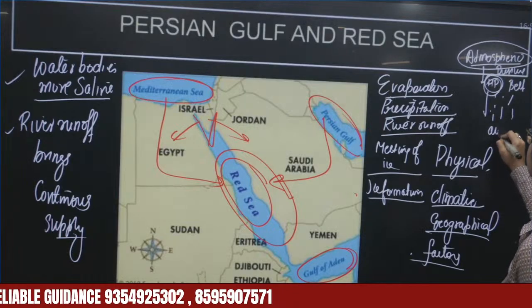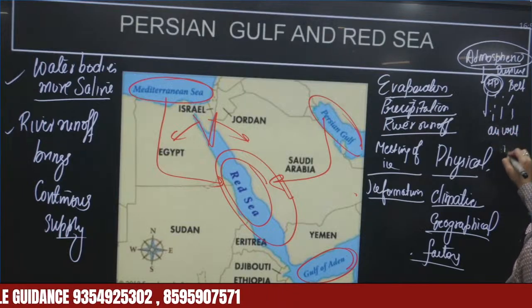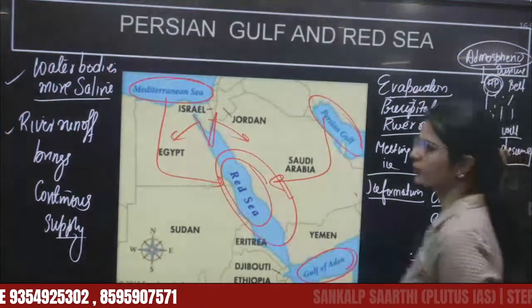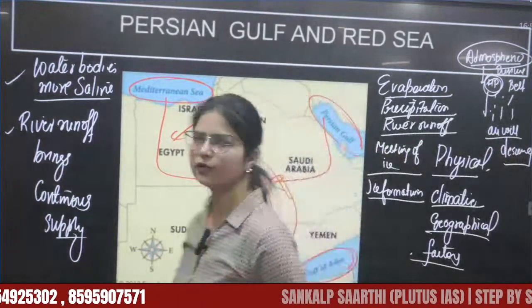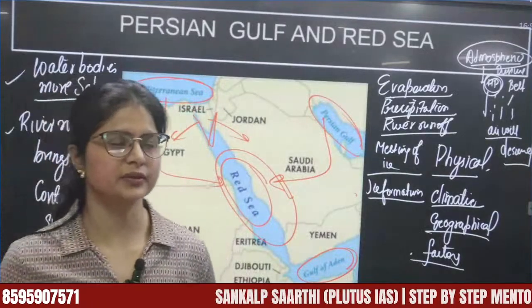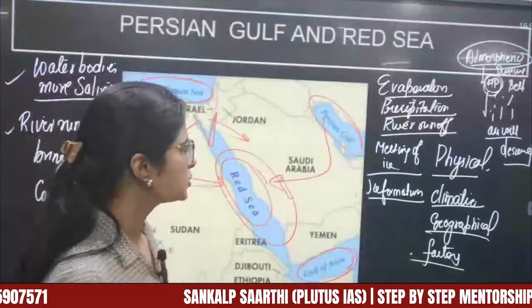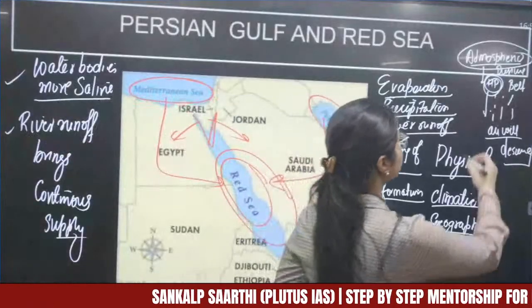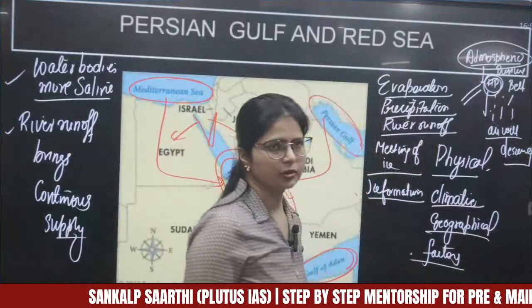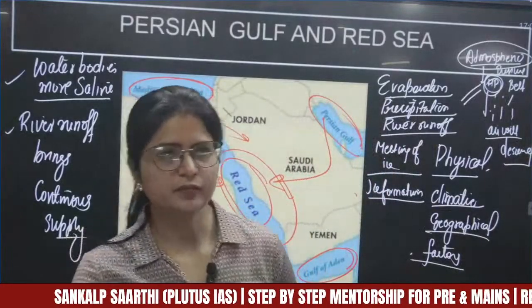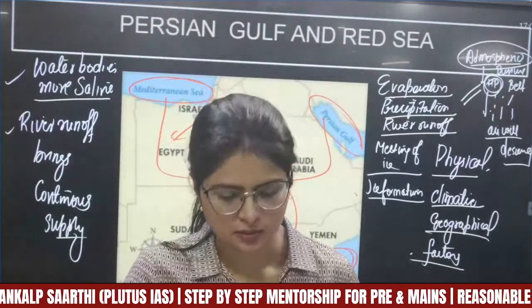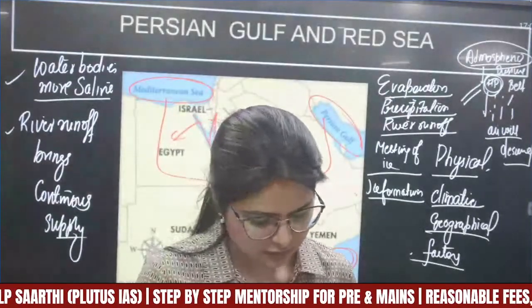The moment air descends, it will not create any cloud formation, and when there is no cloud formation, there will be no rainfall. So high pressure is also one of the important factors. Write down atmospheric pressures and winds. Next parameter is atmospheric pressure and winds.